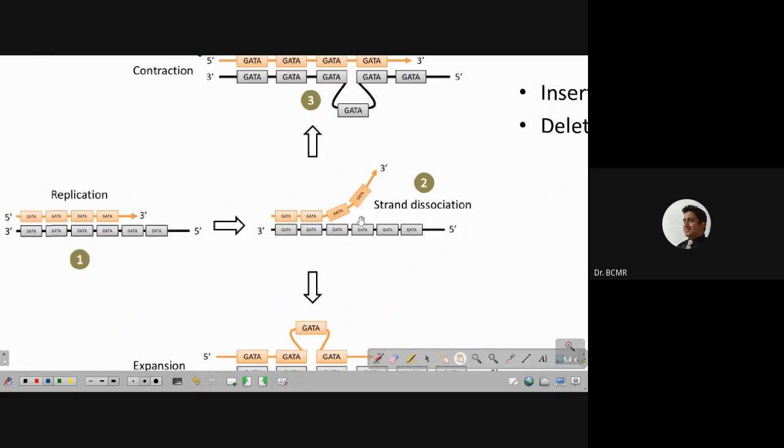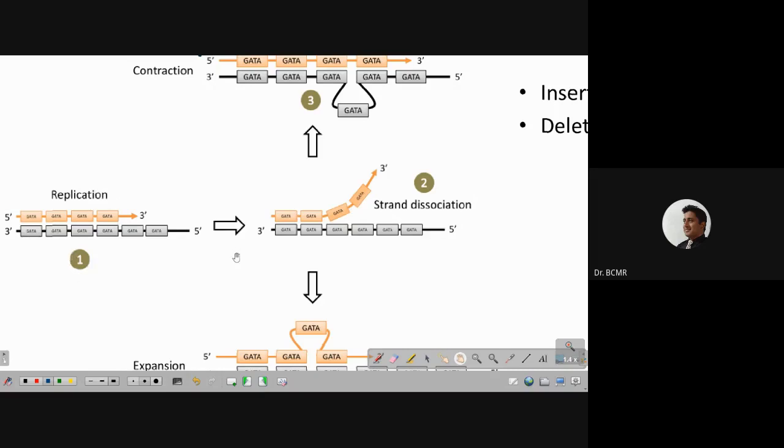like this. If they dissociate, and I hope you notice that they are all repeats, right? GATA repeats. This is just an example. There are two possibilities then, three possibilities, and when they reassociate, it might just reassociate and form something like in stage 1.